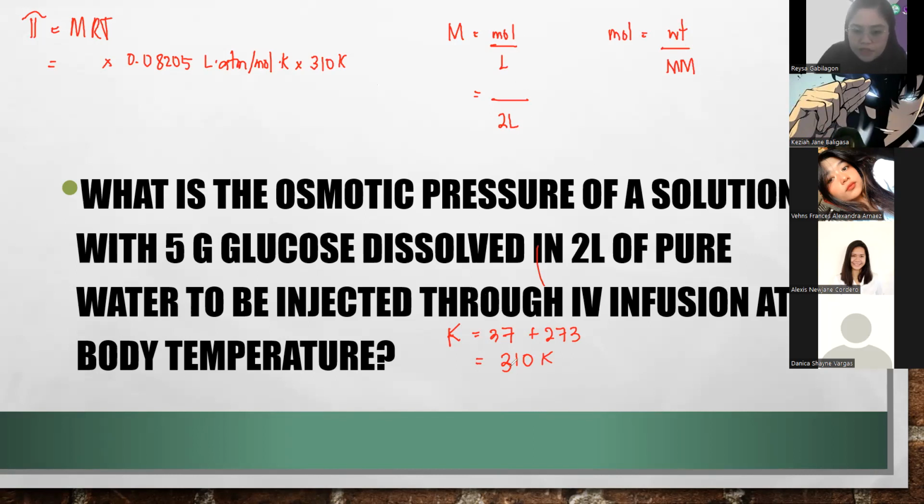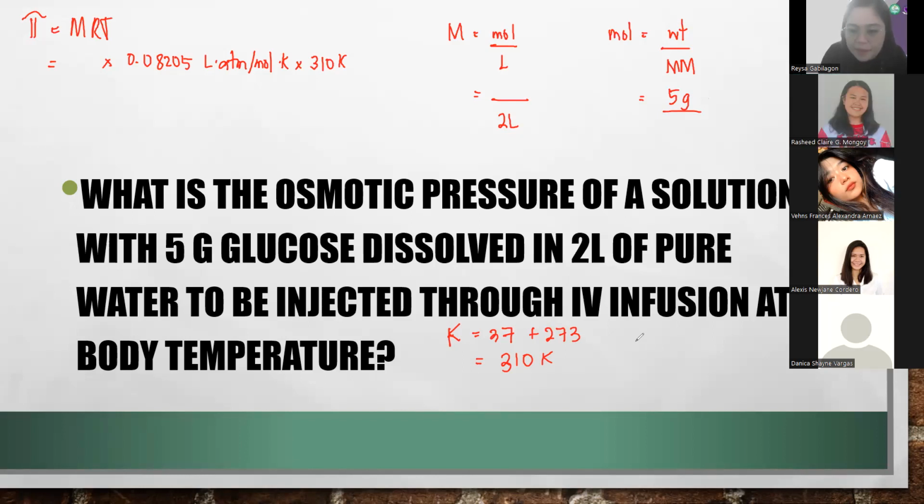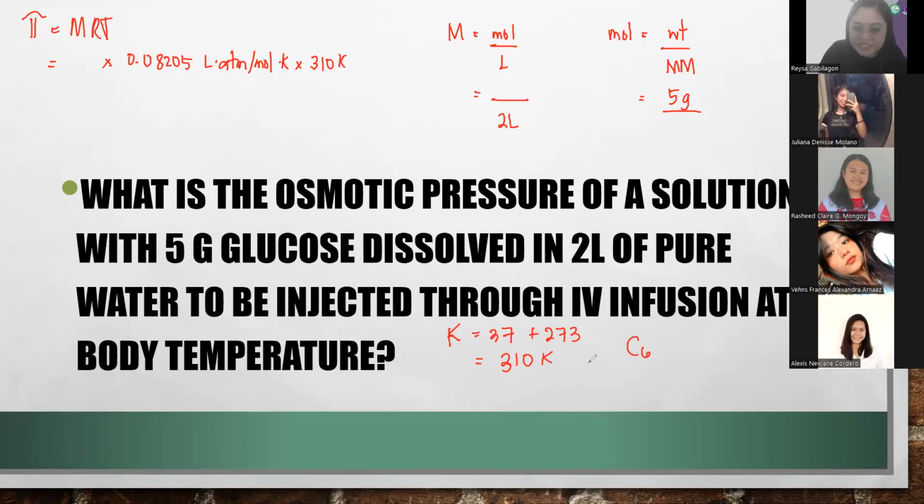So the weight of the substance is 5 grams. And for the molar mass, glucose, I hope ni-research nyo na lang siya. 180, ma'am. 180. Pero ano yung chemical formula ng glucose? C6? C6H12O6. Okay, C6H12O6.